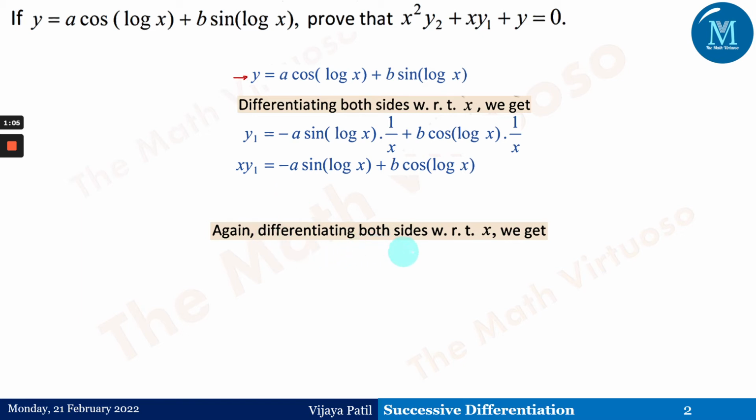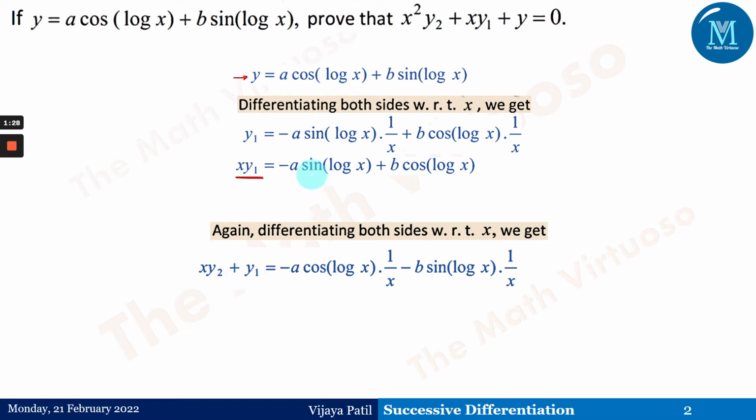Again differentiating both the sides with respect to x, we will get x y2, because this is x into y1, so the u into v rule will be applicable on the LHS. So x into the differentiation of y1 is y2, plus the differentiation of x is 1, which is 1 into y1. So LHS is x y2 plus y1.